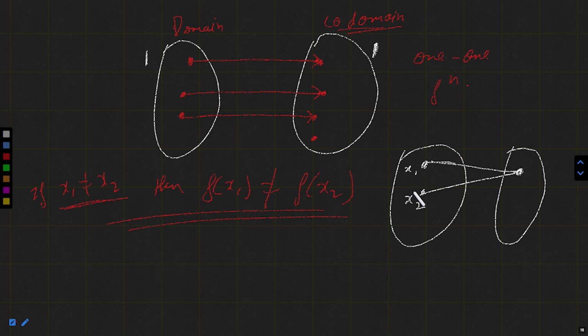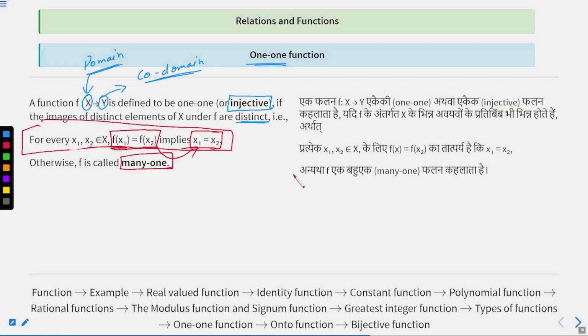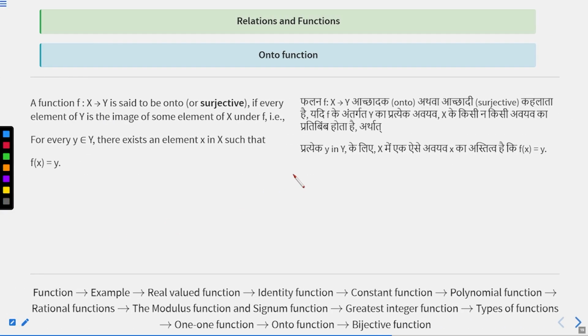But both x1 and x2 are distinct, and the output is the same. I hope that it is clear. So this is many-one. Okay, let's move to the next.